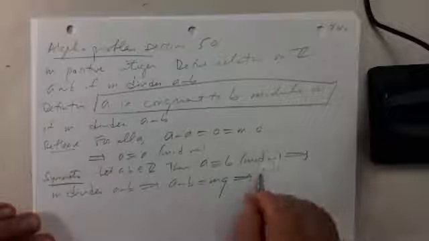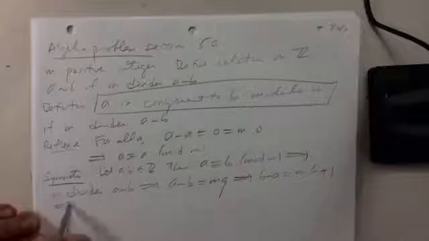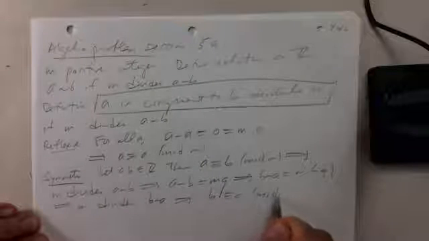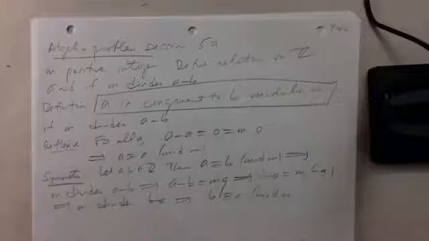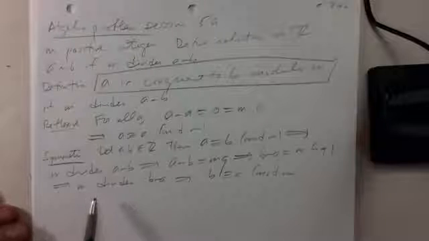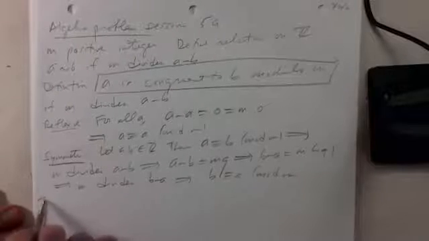And if you multiply by -1, b minus a is minus mq, or m times minus q, which means m divides b minus a, so b is congruent to a mod m. Oh, you did this in lecture 6, didn't you? I've done it a couple of times, yes. Okay, thank you. So this is the proof that this relation is symmetric.